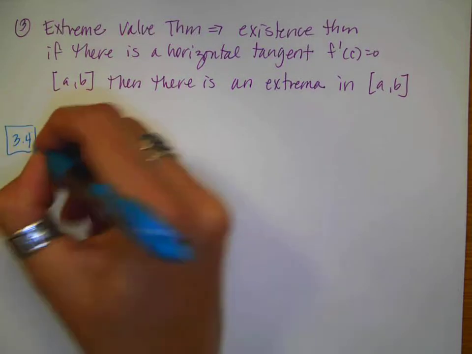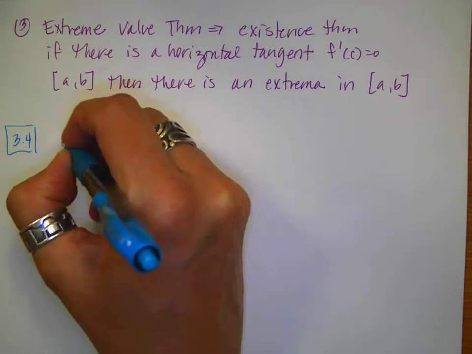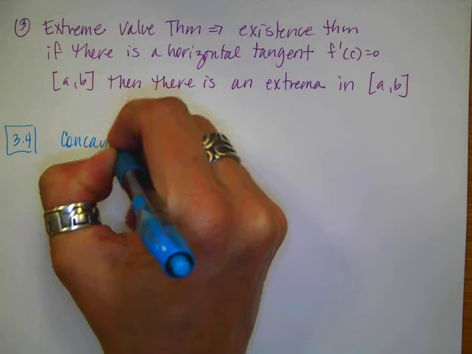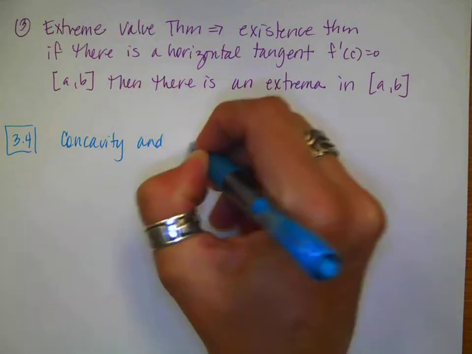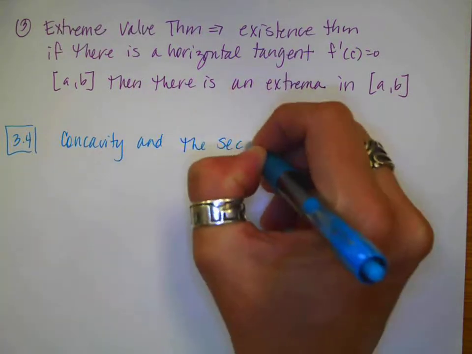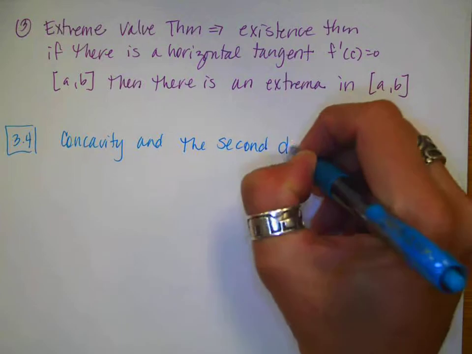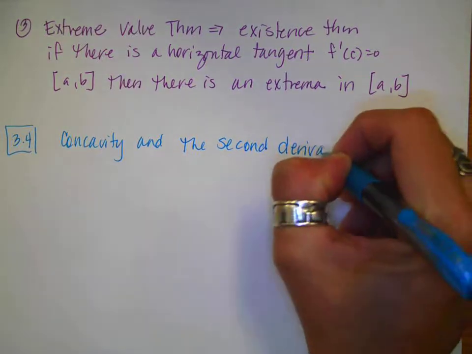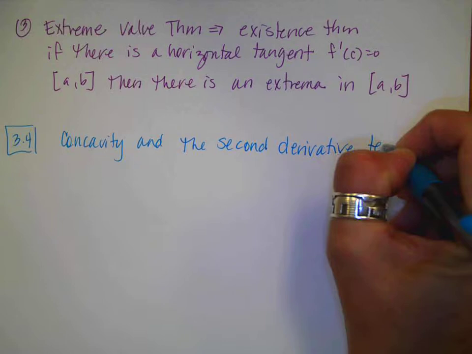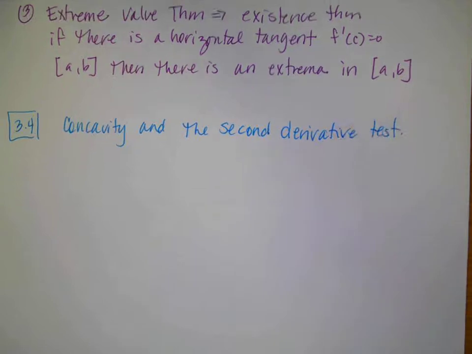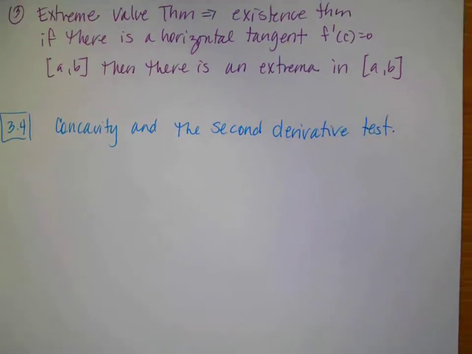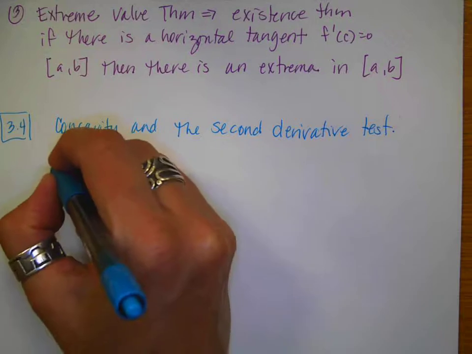Alrighty, so the next thing we want to do, we're actually into 3-4 now, is talk about concavity, and it's going to be concavity and the second derivative test. So the first derivative test showed us where the function is increasing, decreasing, or constant.